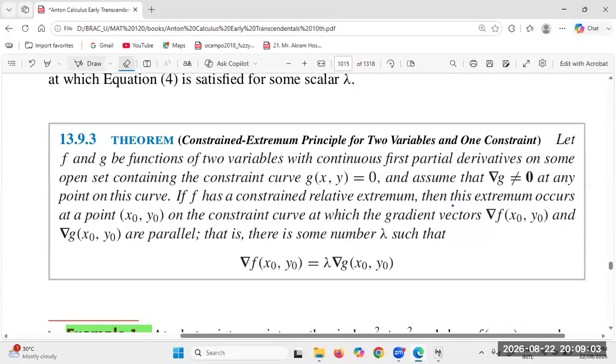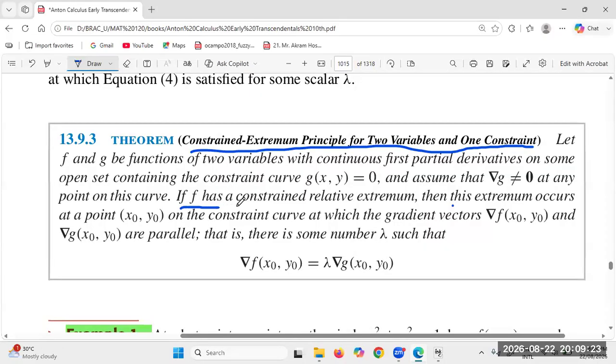Okay, so the theorem is basically a constrained extremum principle for two variables and one constraint. So basically we have one constraint, and under that constraint we need to maximize or minimize that function. That means we need to find the extremum value of that function.